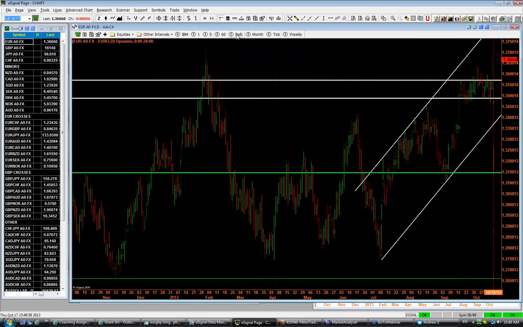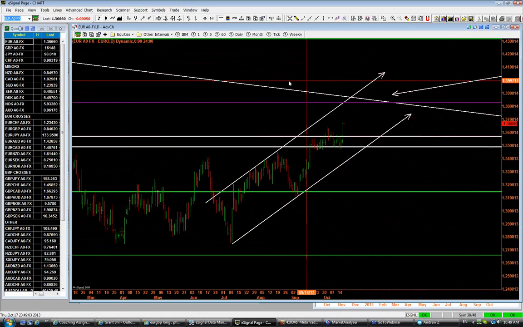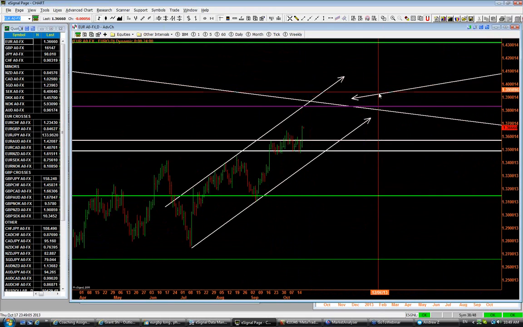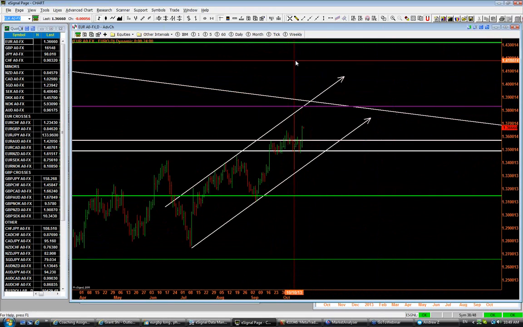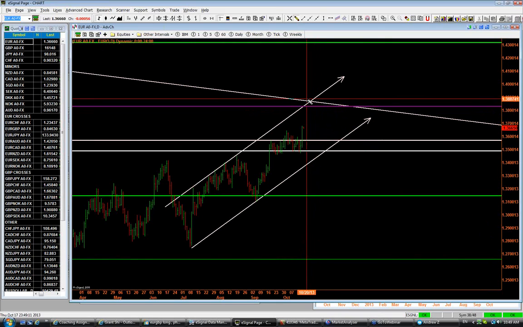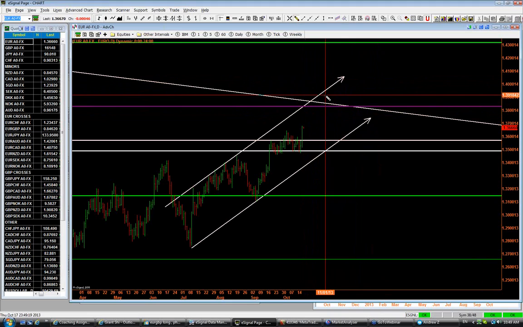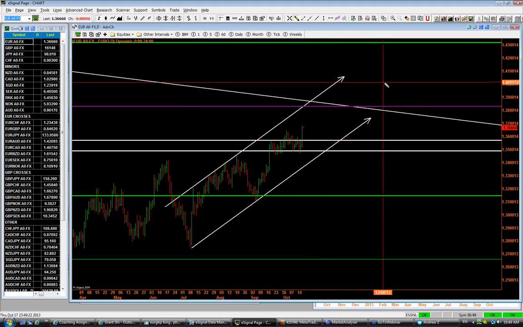Back to the daily. So when the price reaches about that level, maybe we call it the distribution zone. You need to keep your eyes on the big reversal.